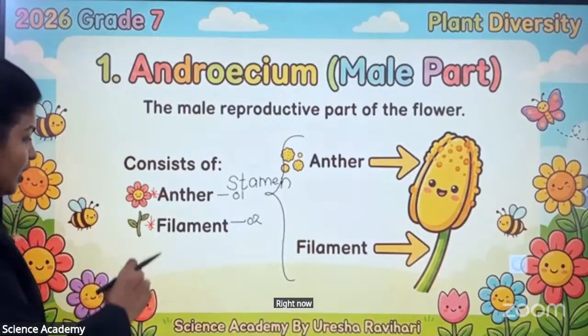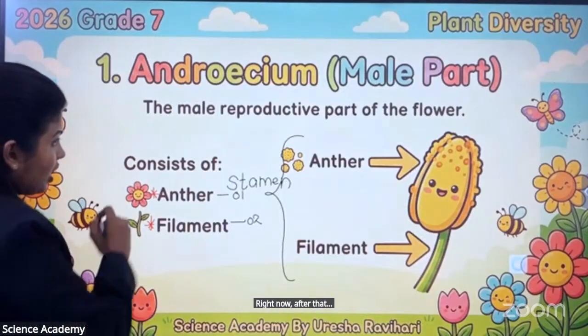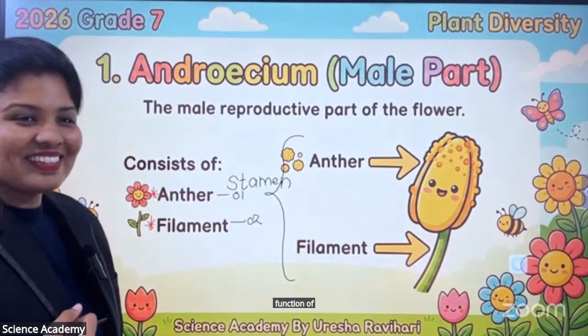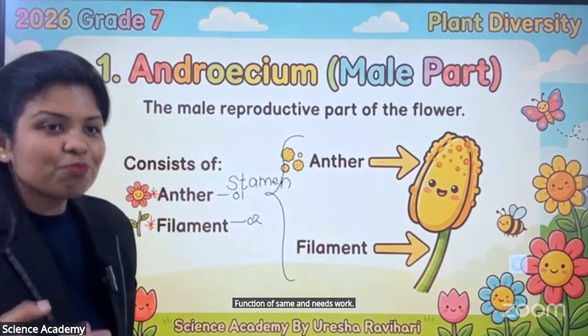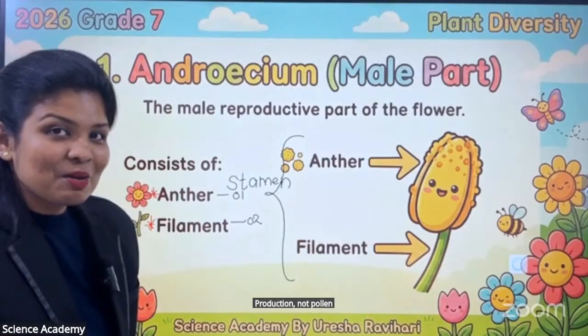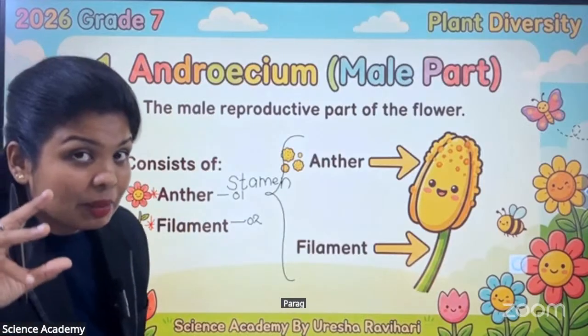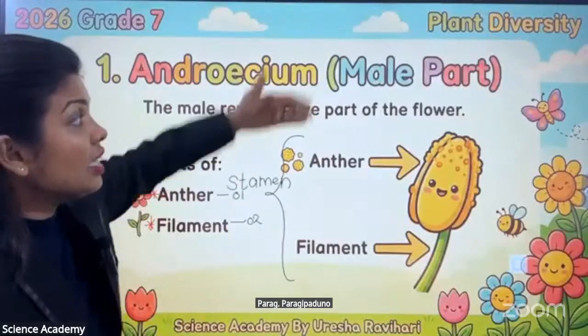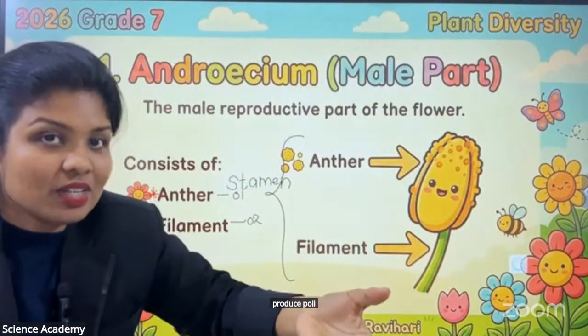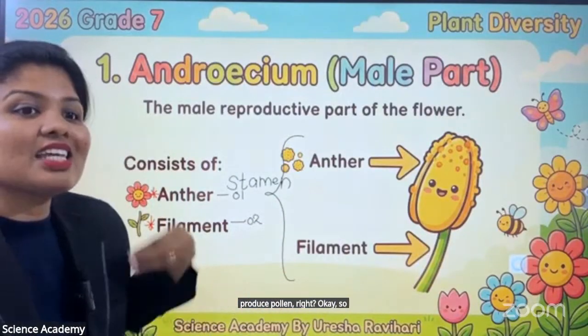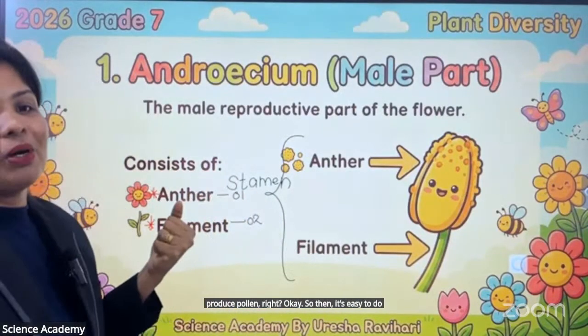After that, function of stamen is what? Production of pollen. Pollen means paraga. Androsium produces pollen. Okay. So then it's easy to do the pollination.